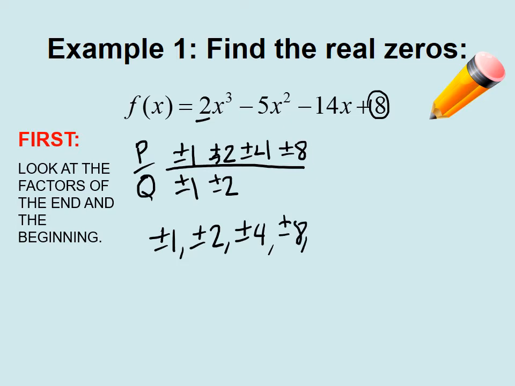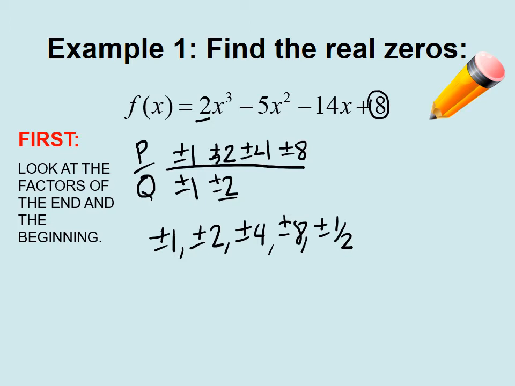Now if I take all of the P factors over 2, I end up with 1 over 2. That's a new value we haven't used. 2 over 2, which is 1. 4 over 2, which is 2. And 8 over 2, which is 4. So in this case, I only created one additional fraction factor by going through the P over Q process.